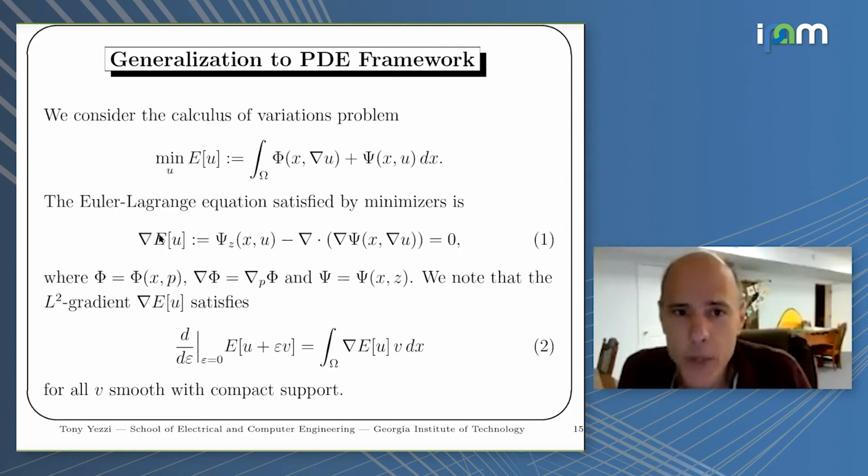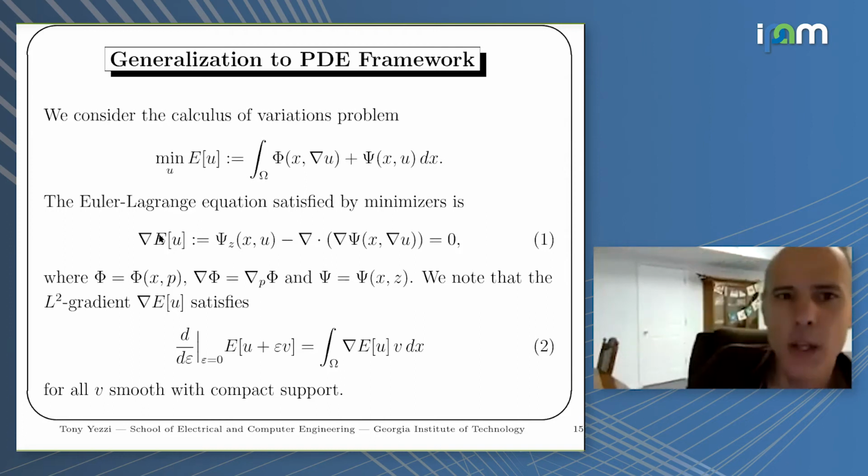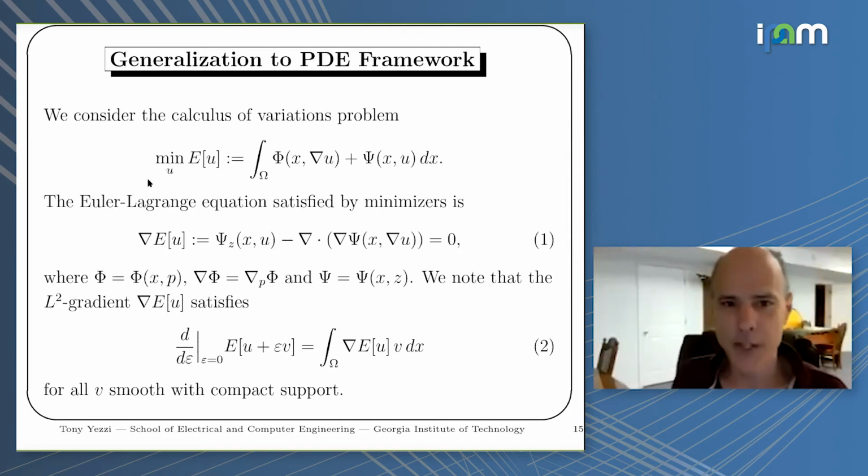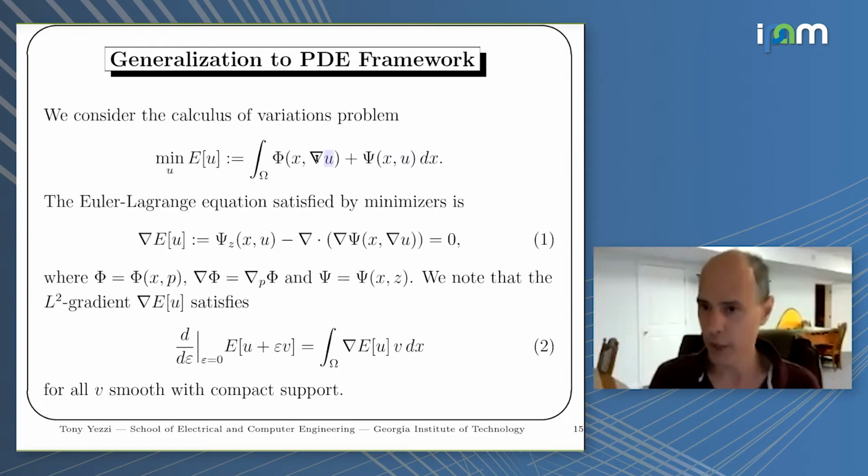So now we can generalize this to the PDE framework, and we can consider a classic calculus of variations problem, where you have a term that depends on a function u, and perhaps a regularizer that depends on its gradient. So we're going to look at this general class of optimization problems in the infinite dimensional space. We'll just look at L2 for the moment. If you write down the Euler-Lagrange of this type of cost functional, you can write the gradient.